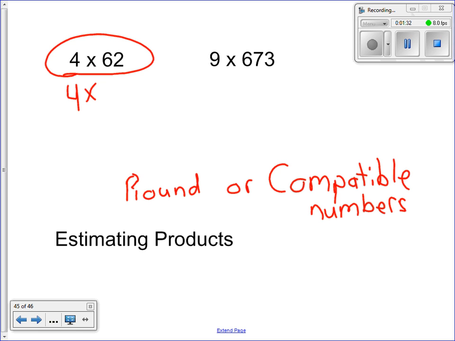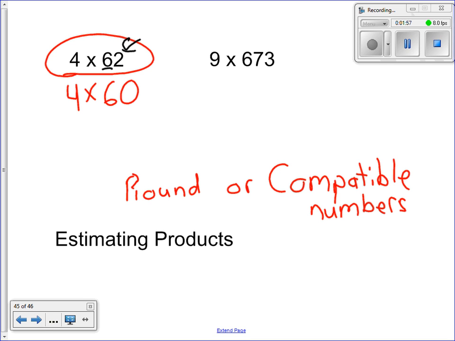If you remember our rounding rules, we are rounding to the tens place. So I look to the right, and I have a 2. And the 2 reminds me to keep the 6 the same. So my answer to rounding 62 is 60.